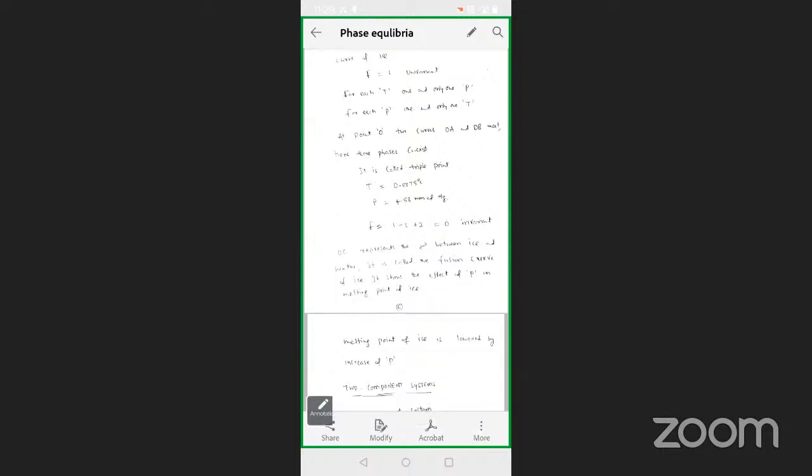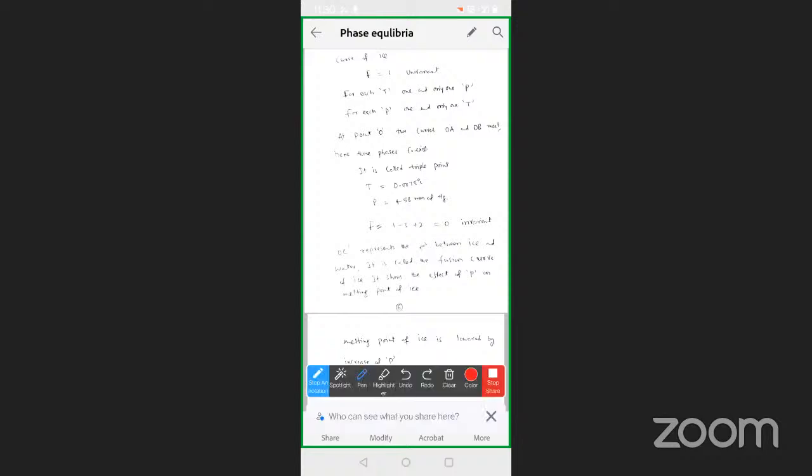In another curve, OC represents the equilibrium between ice and water. It is called the fusion curve of ice.